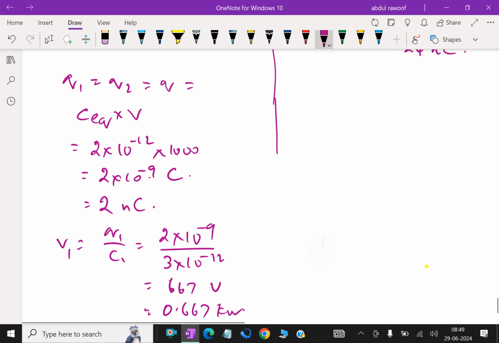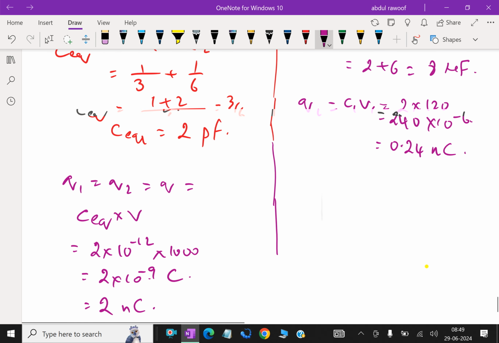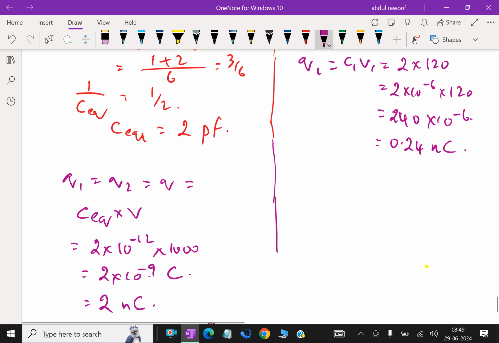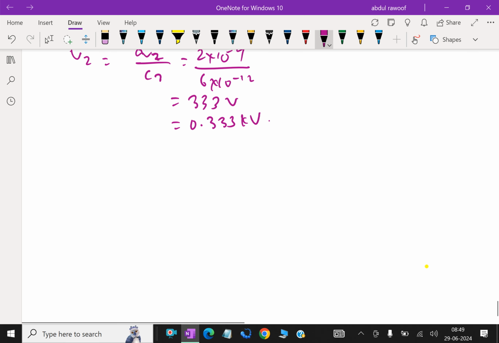Then energy stored in the series circuit.